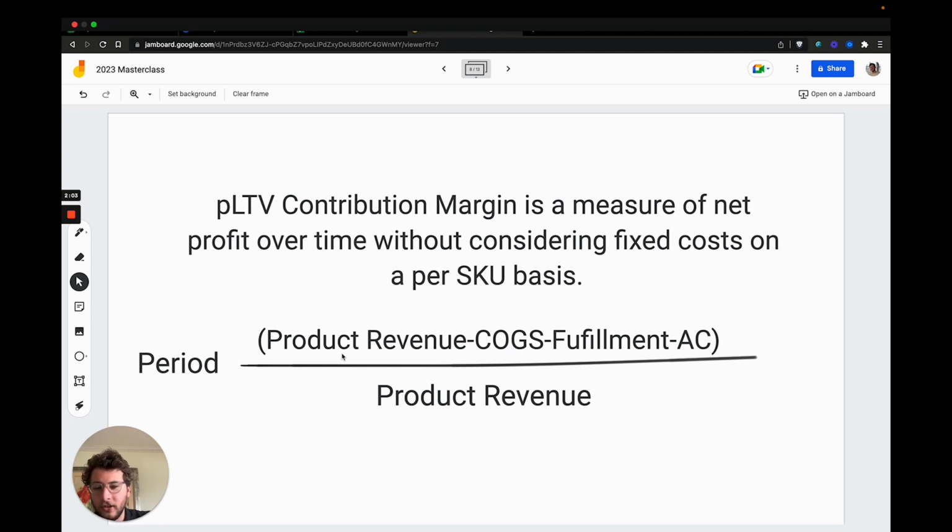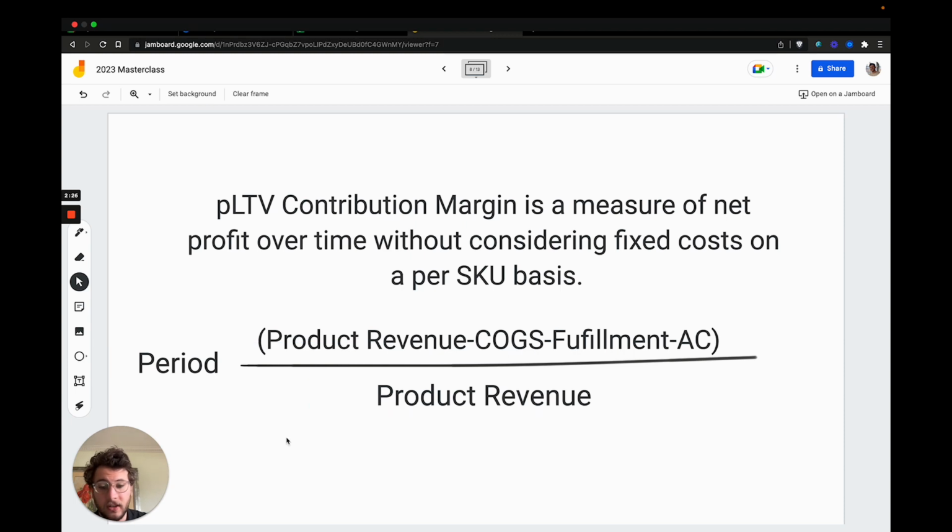We subtract all those and we just put that over product revenue, and this will give us the relationship between how much revenue was generated versus the costs and the fulfillment and all this over that particular time frame, right? So we're looking at product revenue that was generated over 60 days or 90 days, right? It's not product revenue from a singular day.